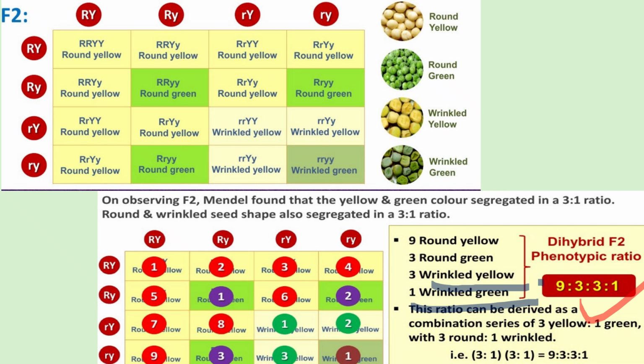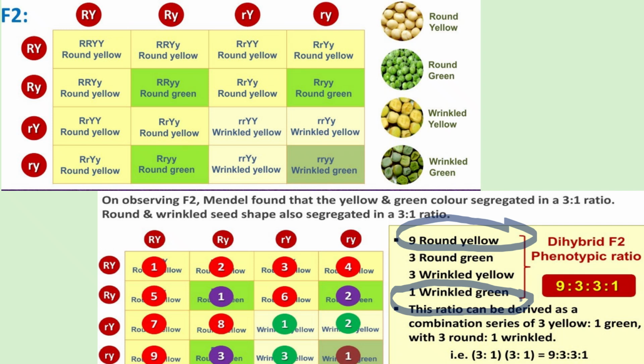Okay, but one thing I would want you all to notice here: initially, what was the combination of genes that we used? Yes, the initial combination of genes that we studied was round yellow on one side, wrinkled and green on the other side. I mean, one parent was round and yellow and the other parent was wrinkled and green.